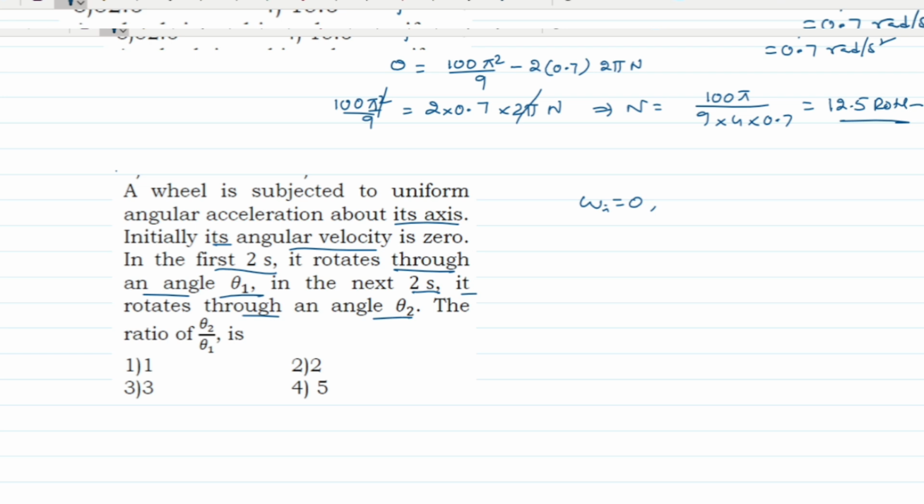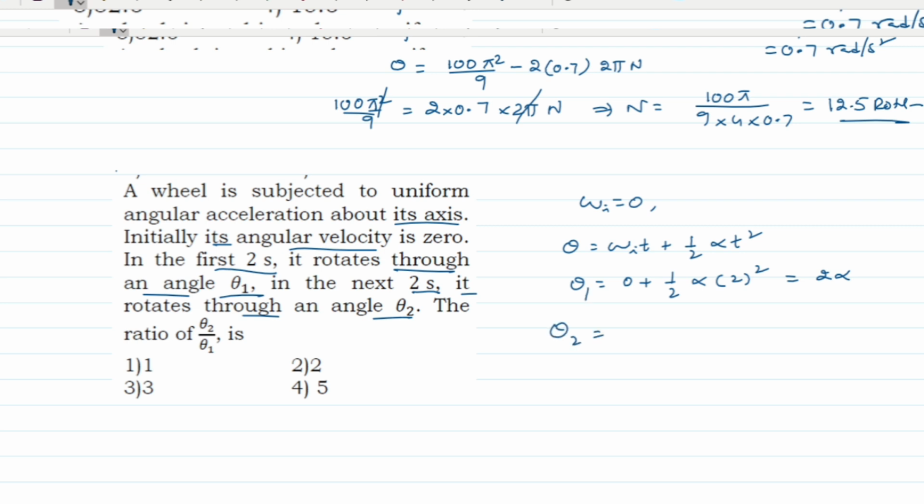So the angular displacement theta equals omega initial into t plus half into alpha into t square. So theta will be equal to 0 plus half into alpha into t square, here 2 square, which is nothing but 2 alpha. Let us take this as theta 1.